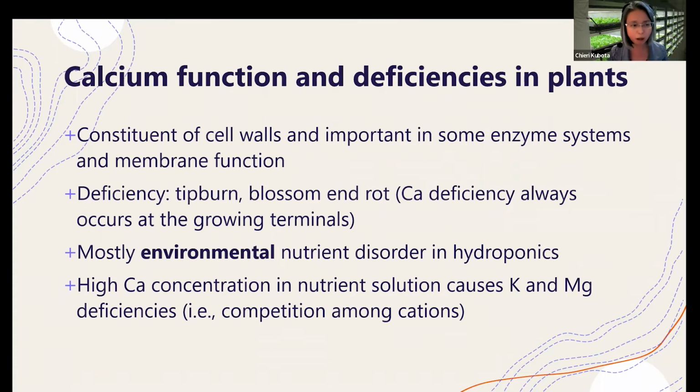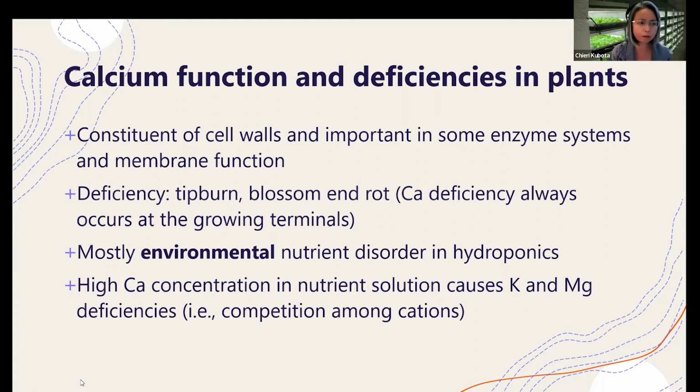So when it is not enough, then you have a huge issue. And then we know that in hydroponics, we usually have an adequate or optimum amount of calcium in the nutrient solution. So it's known as more of an environmental nutrient disorder, not an actual nutrient lacking situation.